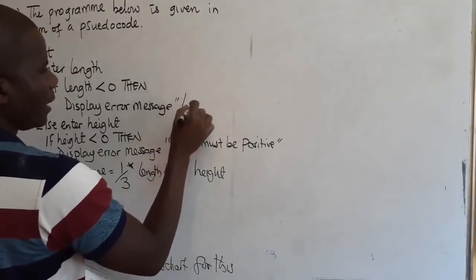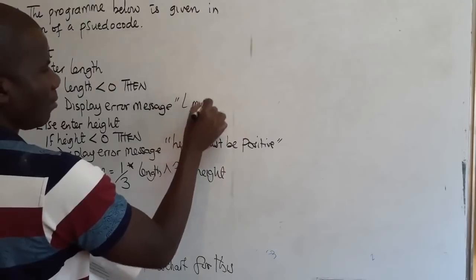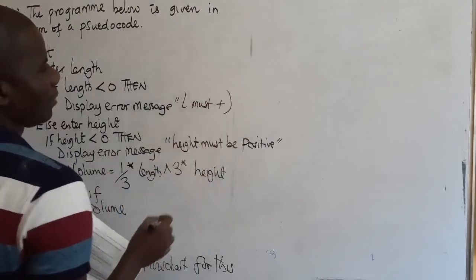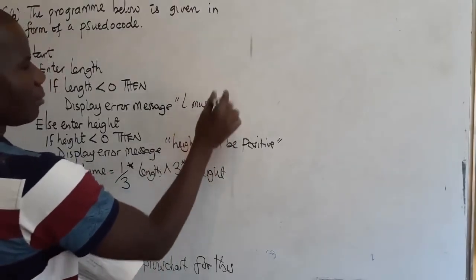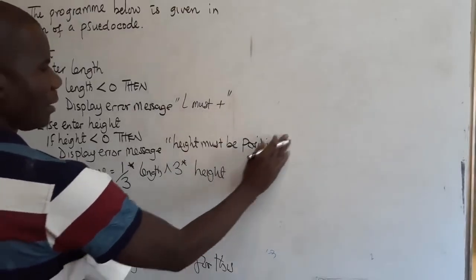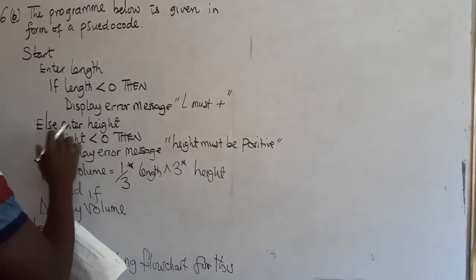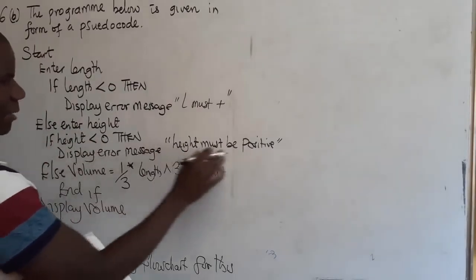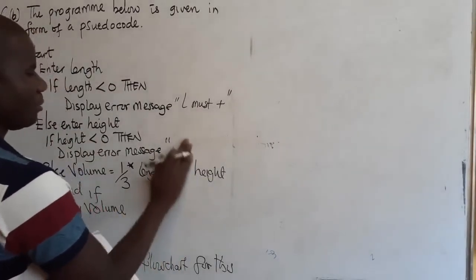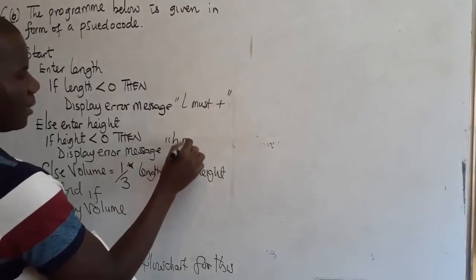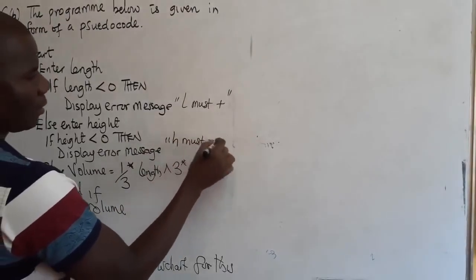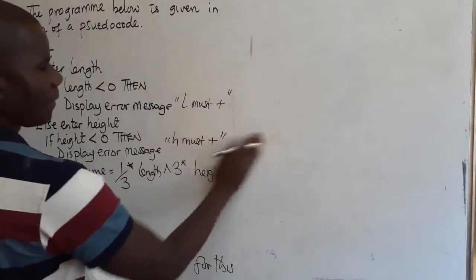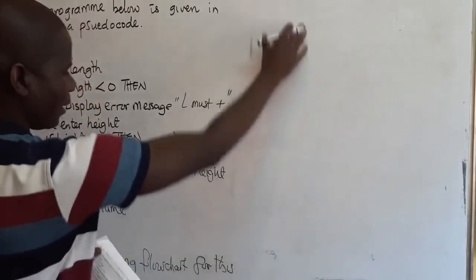And also, enter height. If height is less than 0, then display error message: height must be positive.